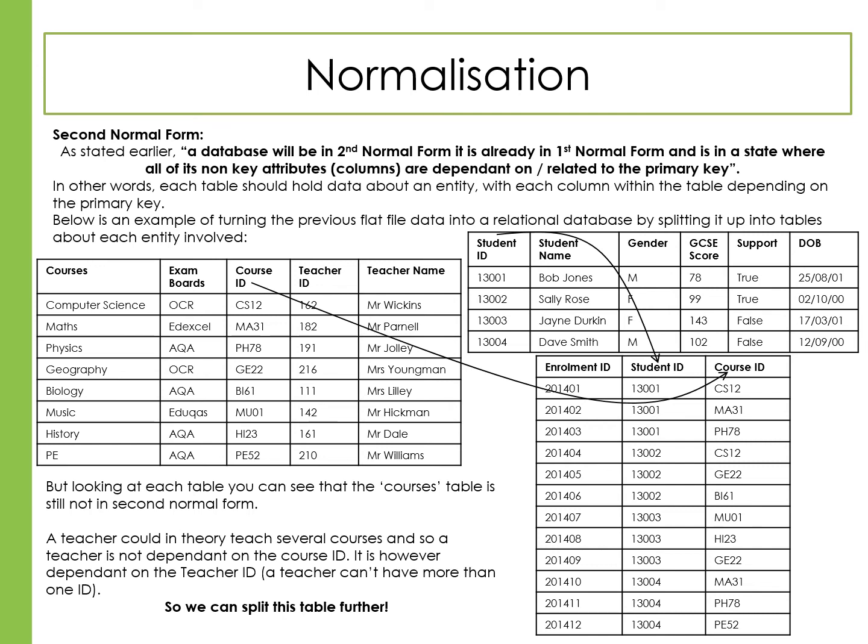Now this is working and it's looking pretty good. However, if we look at the courses table, it's not in second normal form. A teacher, in theory, could teach several courses. So if a teacher is not dependent on the course ID, we need to split this table further.